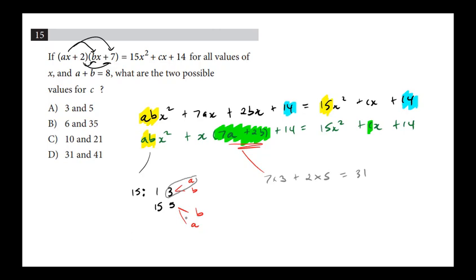And then if I chose a is 5 instead, you get 7 times 5 plus 2 times 3, which is 35 plus 6, which is 41. So the answer is D.